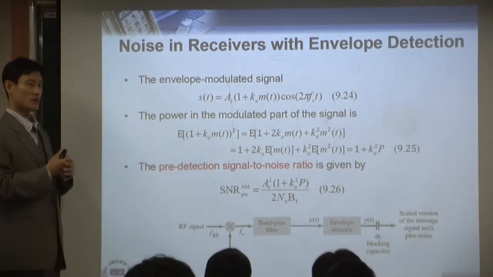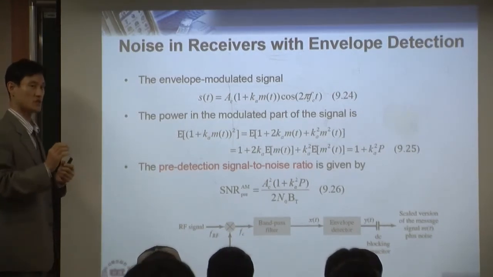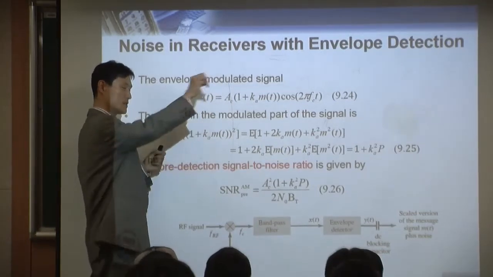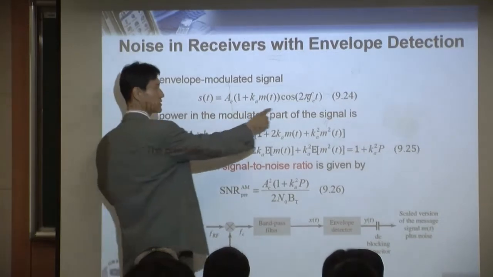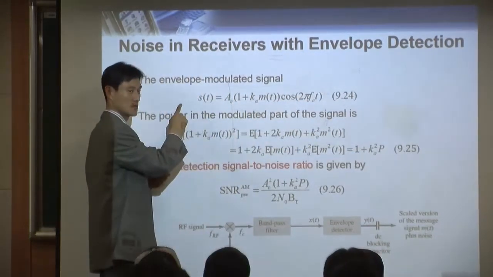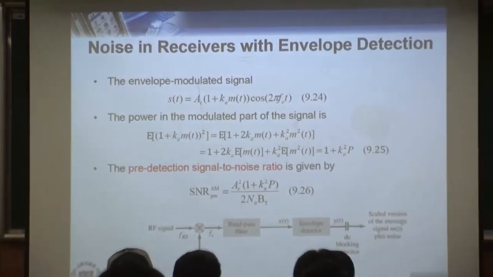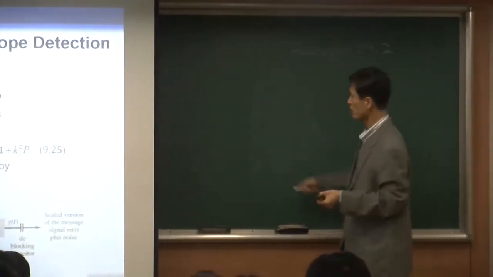Now, first thing to do is, again, in this case, we want to look at what is the pre-detection SNR. So pre-detection SNR, same way. You grab the signal over there and then square the expectation. So this is a signal over there. Now let's do square and then expectation. Once you do that, so that's what you do all the time.